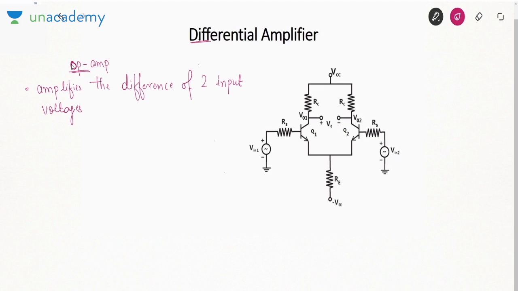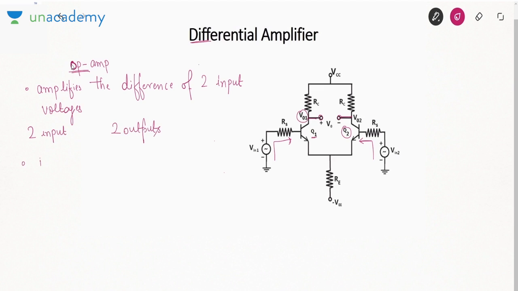Okay, now there are two possible outputs. If you see the figure here, we have applied one input at the base of transistor Q1, the other input at the base of transistor Q2, and one output is taken from the collector of Q1 and the other output is taken from the collector of Q2. That means there are two inputs and there are two outputs.